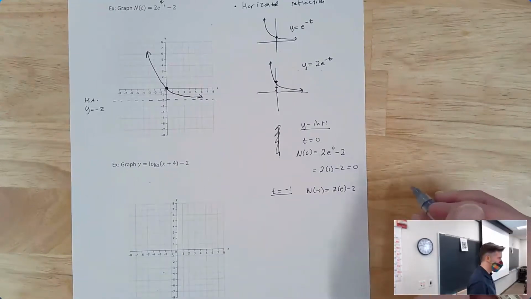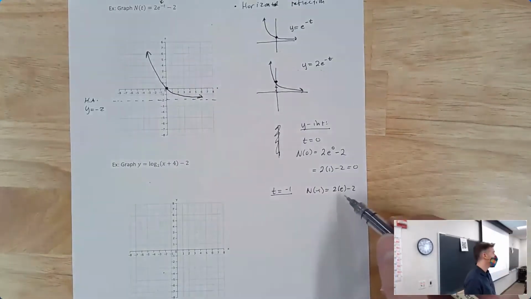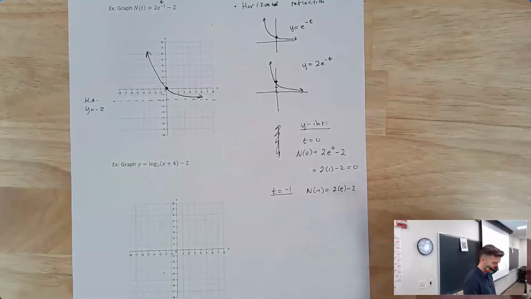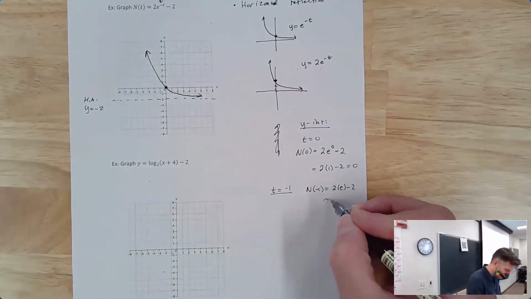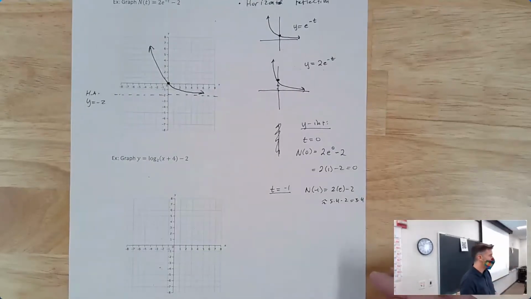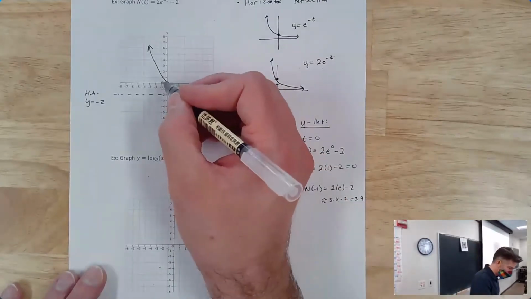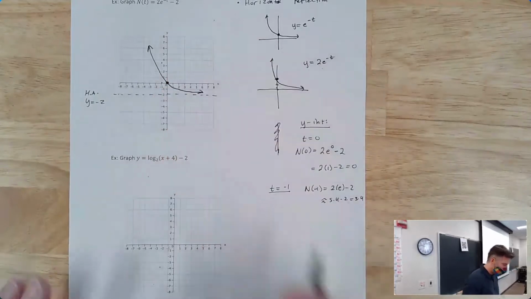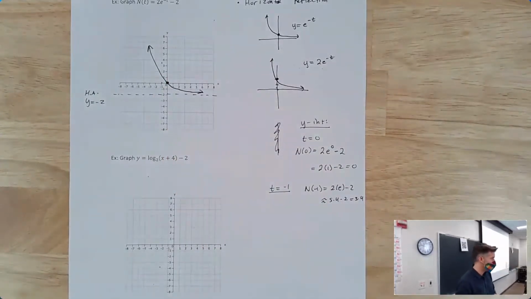And then you would need a calculator. That's not true. We know that e is about 2.7. So 2 times 2.7 is 5.4. Minus 2 is about 3.4. So if I was really trying to make this graph look more accurate, I would have plotted the point -1, 3.4. See how not accurate my graph is?